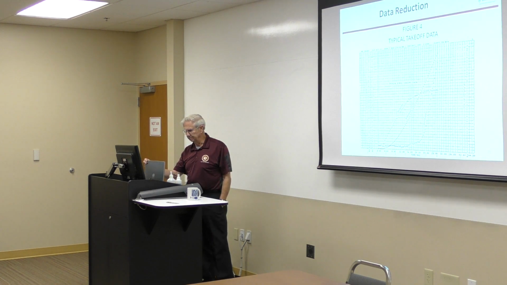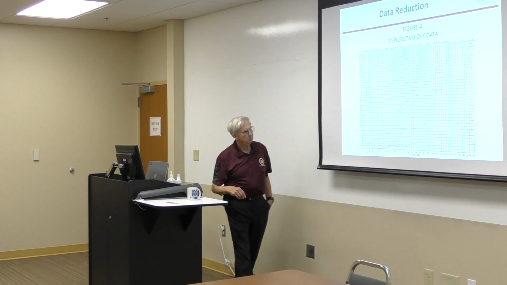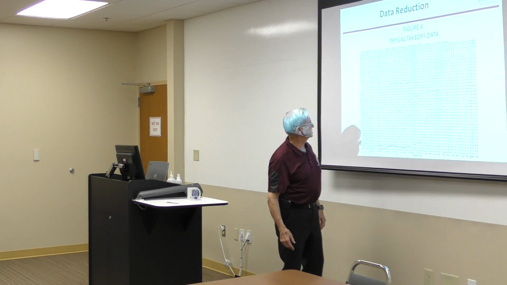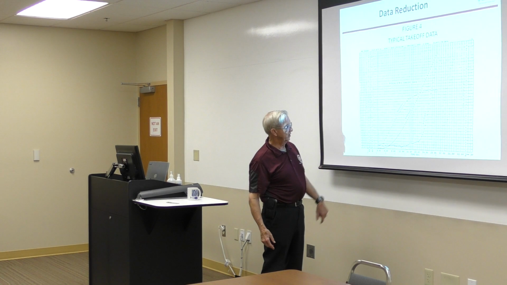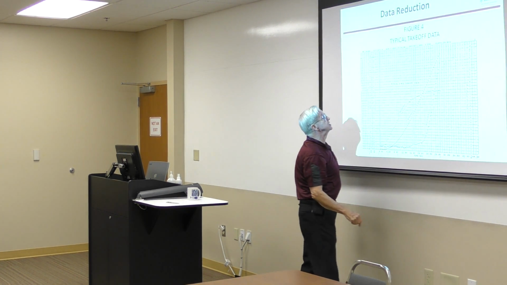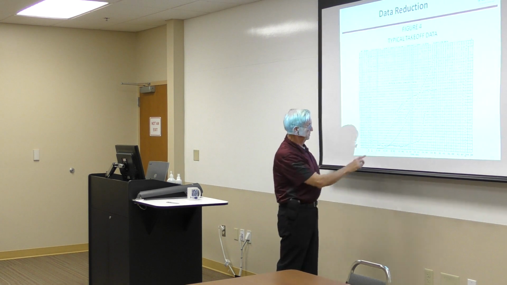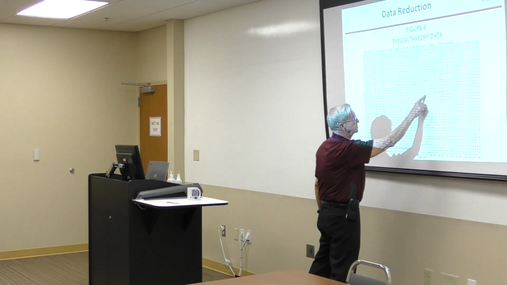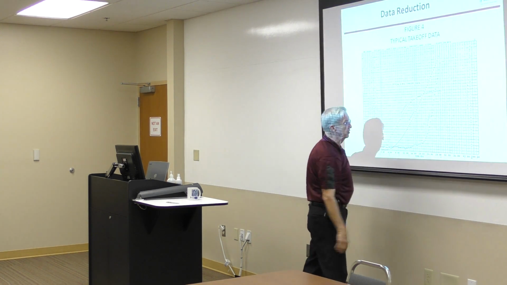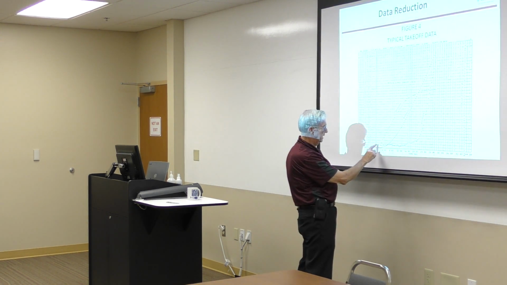Here's some data. This was done with that DMU unit. So we have time on this axis, and we got 3 or 4 things on here. Here's velocity, and this is a takeoff. So we can see the airplane accelerate and then try to hold the speed here during the climb portion. Here is the altitude.